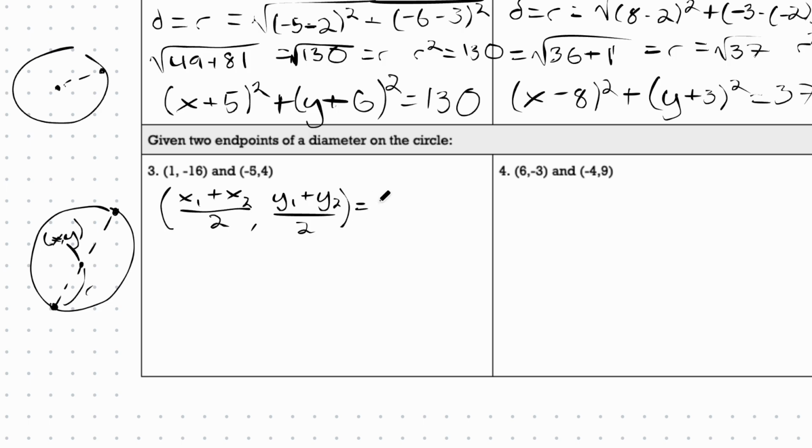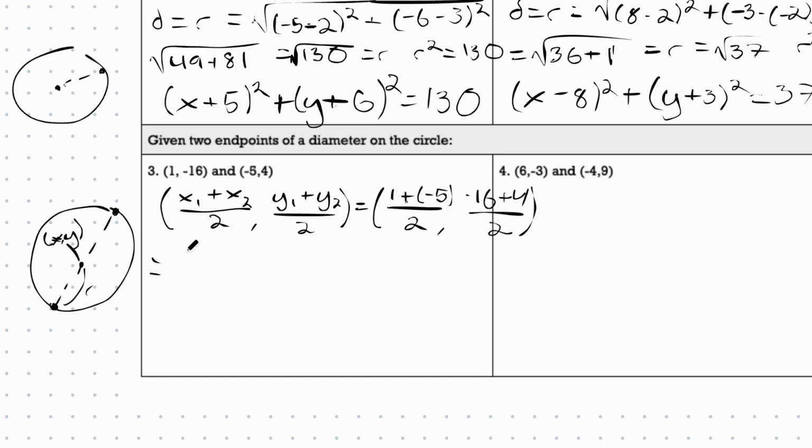This is going to give us (1 + -5) over 2, and then (-16 + 4) over 2.